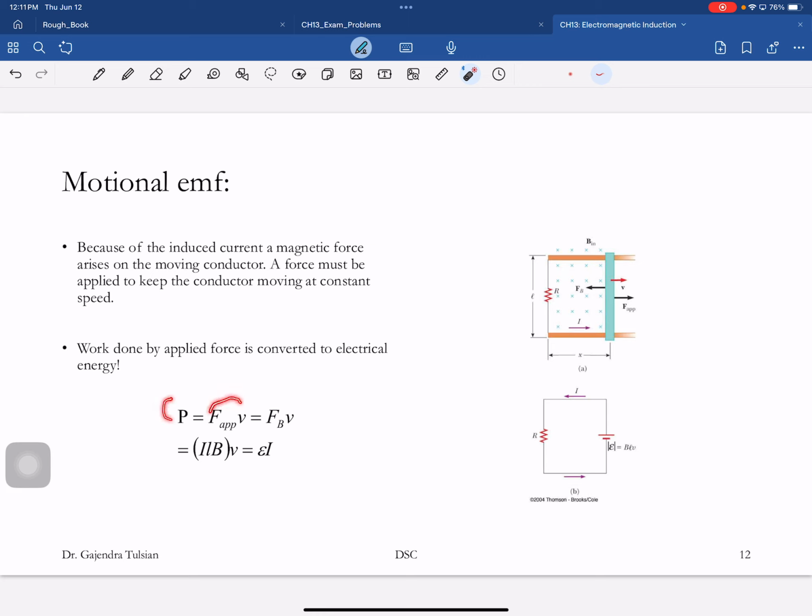So here's the rate at which you're doing work, applied force times the velocity, and that is equal to the electrical power produced. Again, there's never a free lunch. Work done by the applied force is converted to electrical energy.